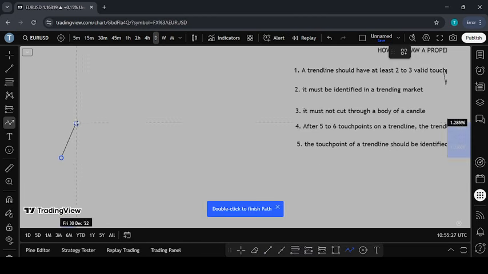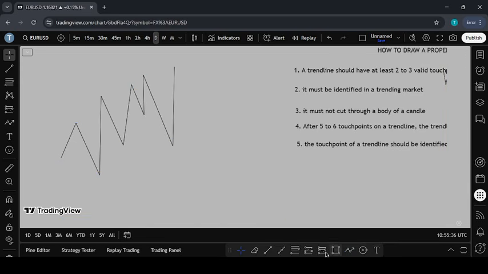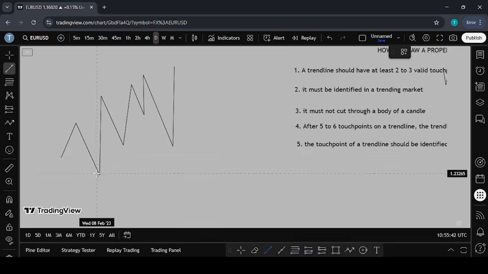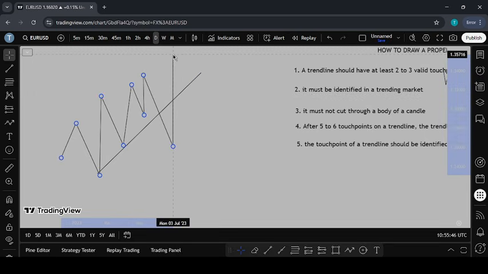When you draw a trend line, say you have swing points like this, and you start drawing your trend line like this, where you clearly see the body of a candle coming out from here.